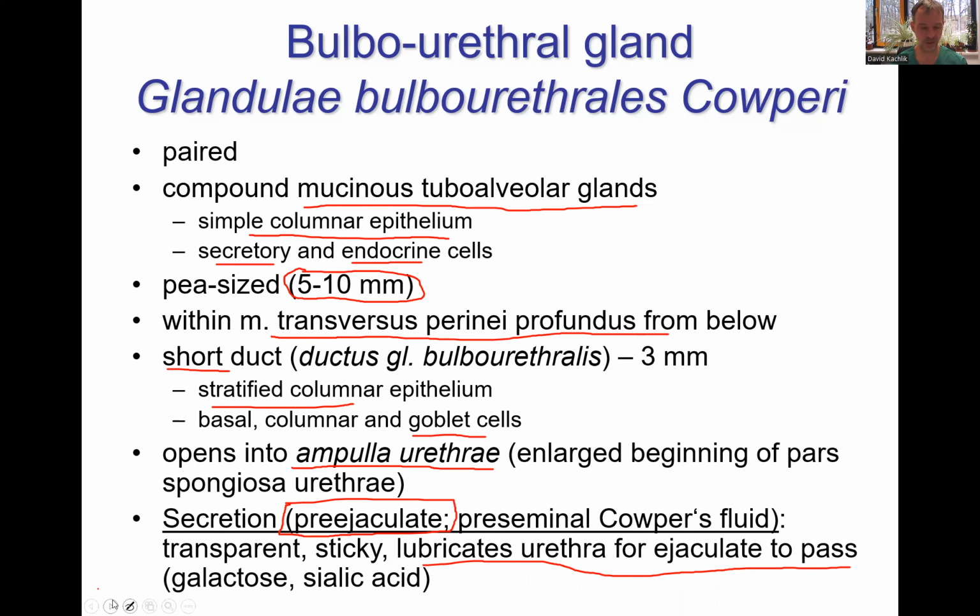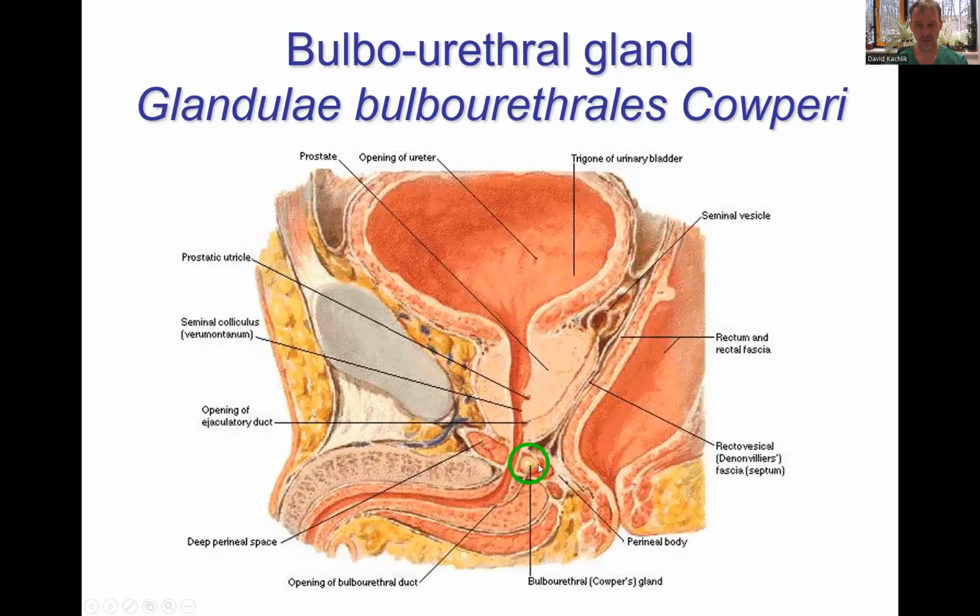And let's look where the gland is. So it's located really here, inside the perineal muscles from below, and it's located dorsally to urethra, and it opens into ampulla, and the ampulla is this part here. This is the ampulla of the spongy part of the male urethra.